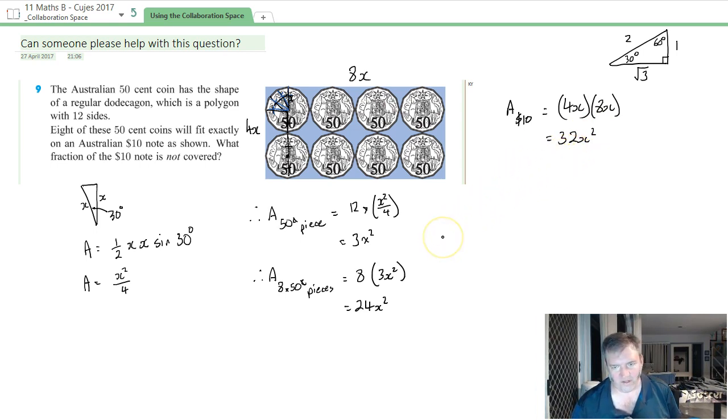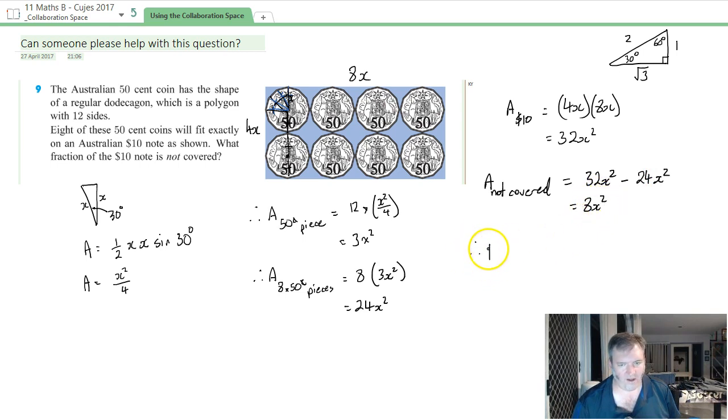Now, they want to know what fraction is not covered. Well, let's start by finding the fraction that is covered and subtracting it from 1. Or you could just say, well, 32x squared minus 24x squared is 8x squared. 8 divided by 32, and that will tell us as well. Therefore, let's do it that way. Area not covered is going to be the total area, 32x squared, minus the area covered by the 50-cent pieces, which is 24x squared, which is 8x squared.